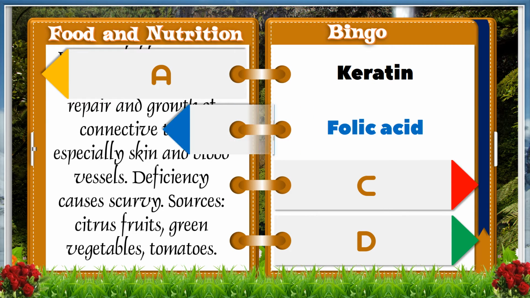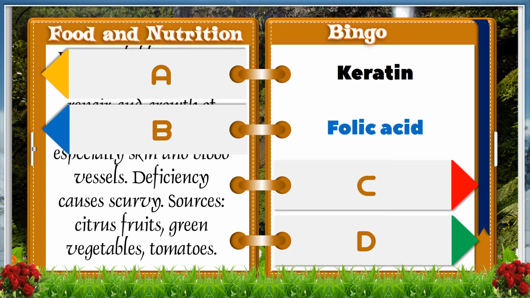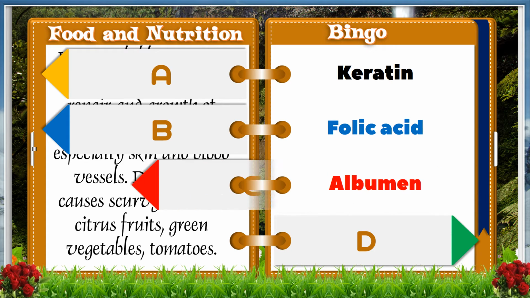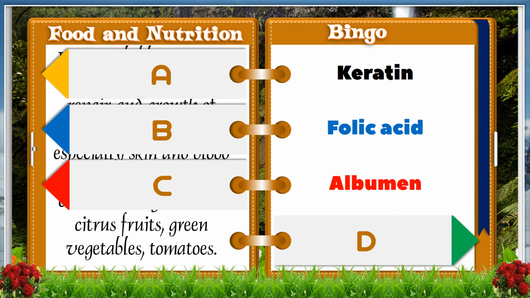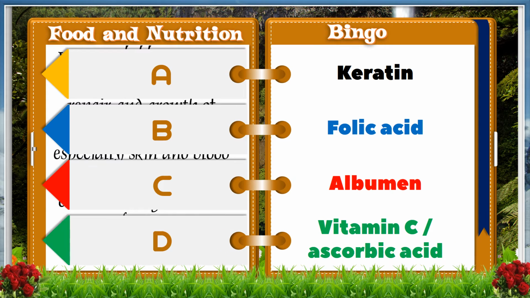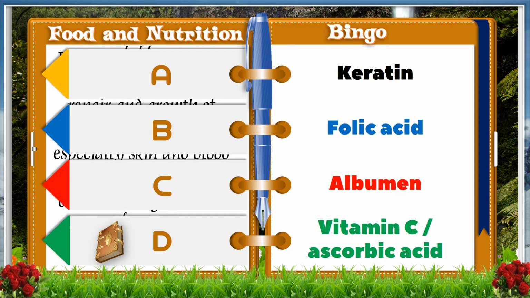Option B, folic acid. Option C, albumin. Option D, vitamin C or ascorbic acid. And the answer is D, vitamin C.